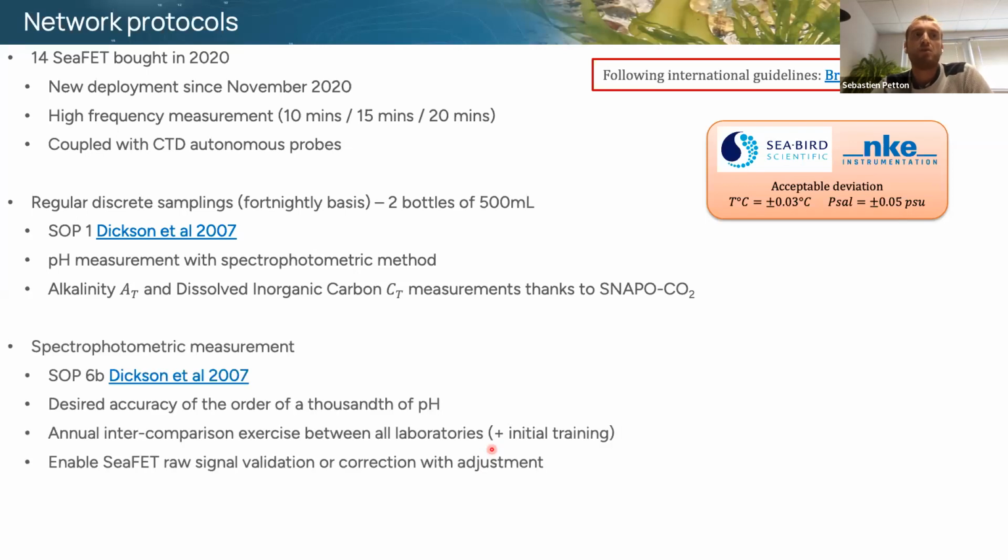For the spectrophotometric measurement, we really want to achieve an accuracy of the order of thousandths of a pH unit, as we want to be able to correct the CFET raw signal in case of drift. For that, we gave an initial training, and we also organize different annual intercomparison exercises for all the laboratories involved in the project.